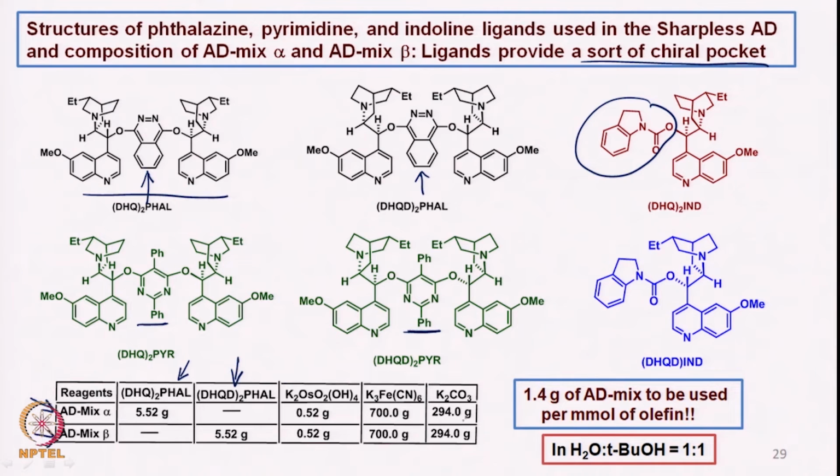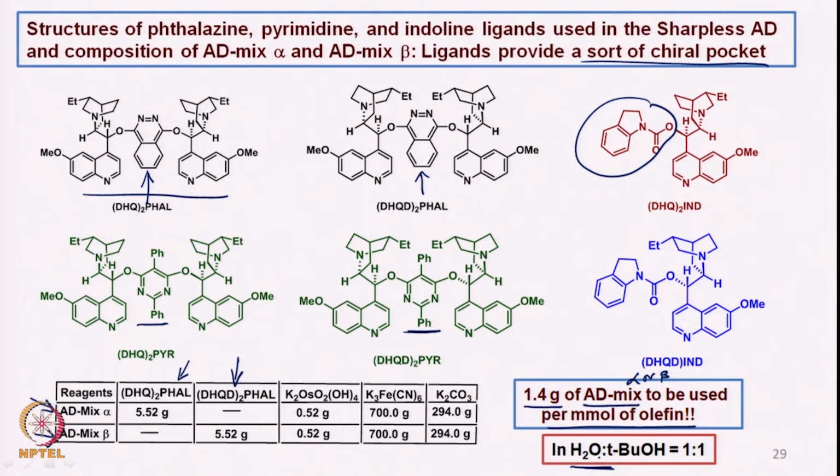If we take a mixture of these, we use only say 1.4 grams of AD mix, any one of them alpha or beta, whichever one wants to use, per millimole of the olefin in tertiary butanol and water medium, it is enough to give the dihydroxylation of high enantiomeric purity.